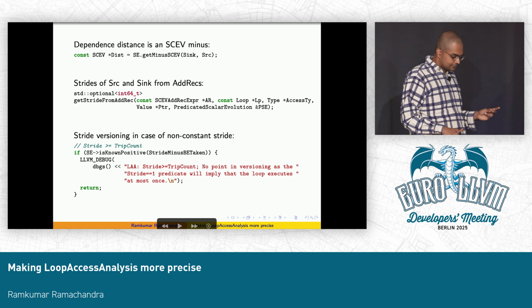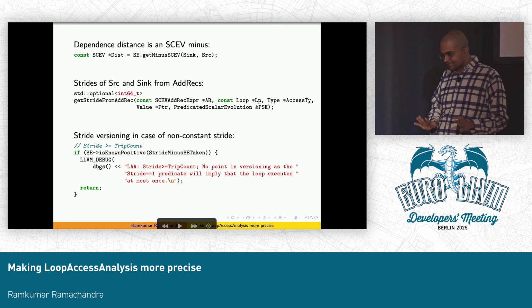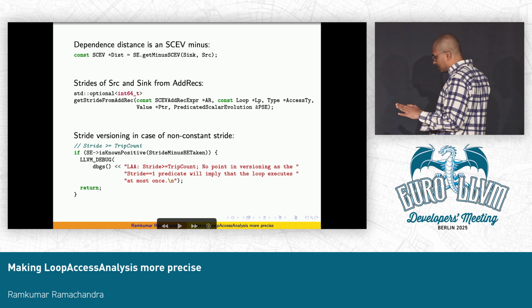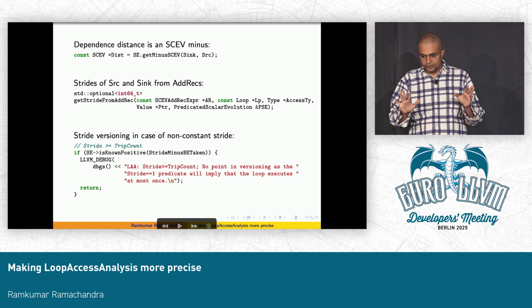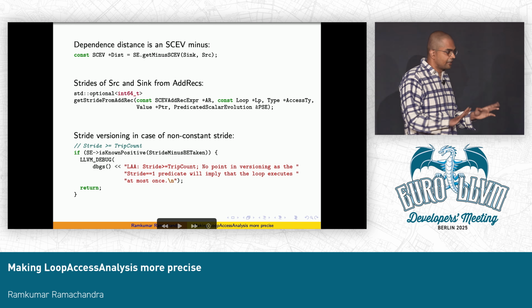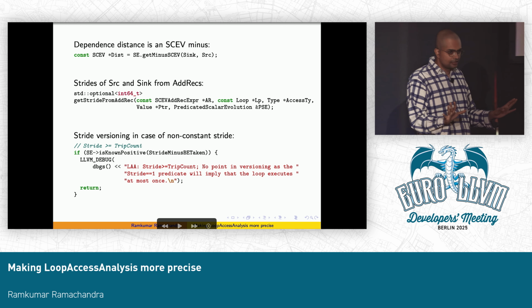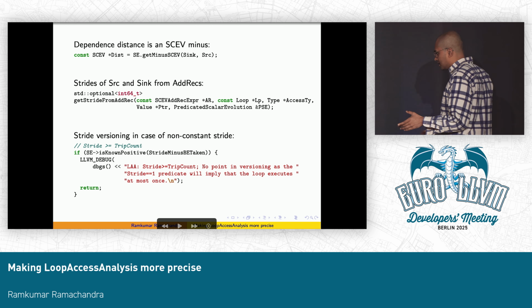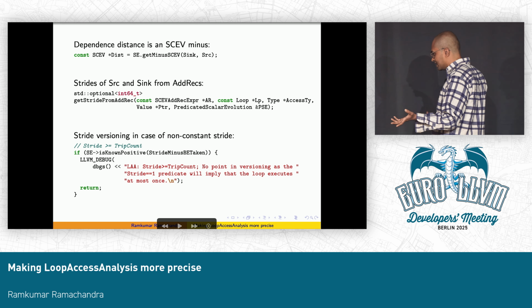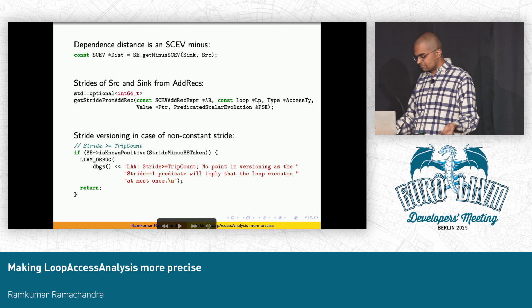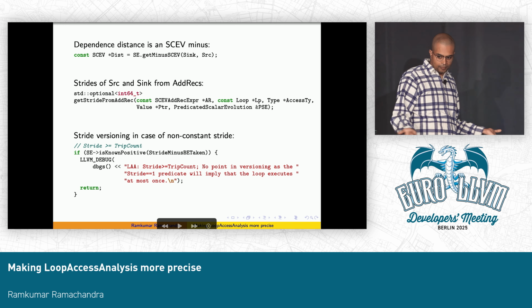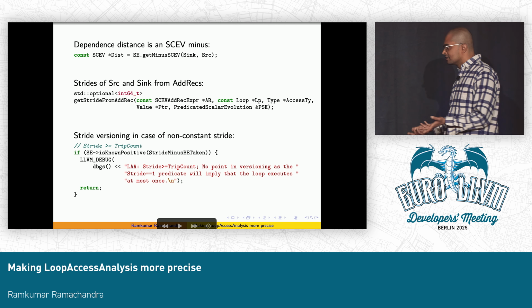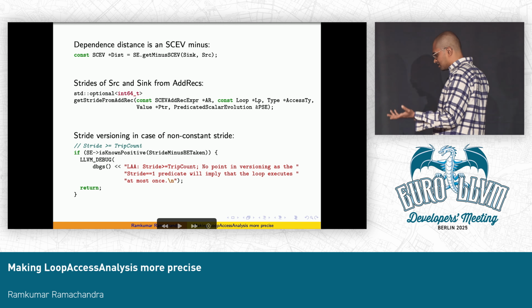So there are costs in SCEV expressions. So if you do minus SCEV, okay, if you have two simple AddRecs, like x plus 4 and something else, x plus 3, that's fine. But what if you have something more complicated? What if you have something with more stuff in it?